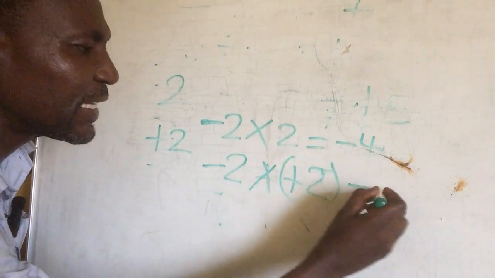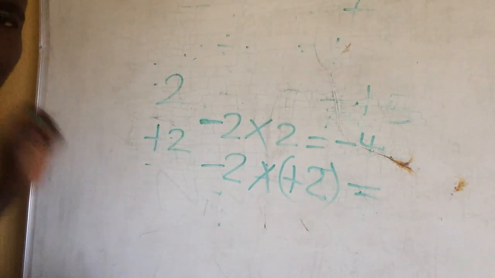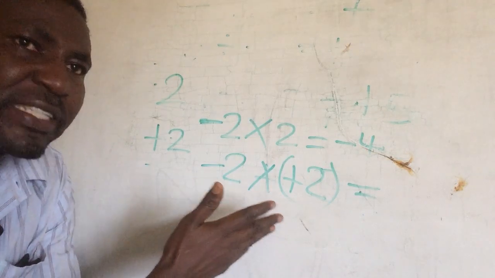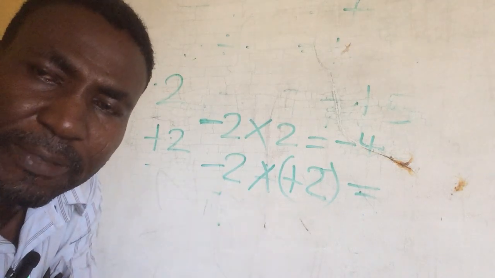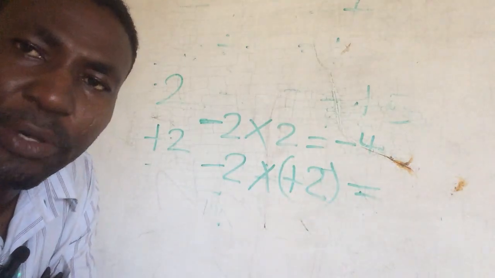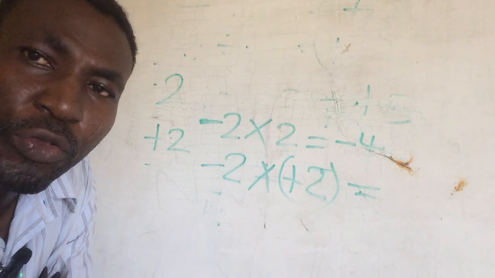Whether I write it like this or that way, it's still the same thing. So what am I trying to tell you? In writing positive numbers, you can put the plus sign, or you may not put it.